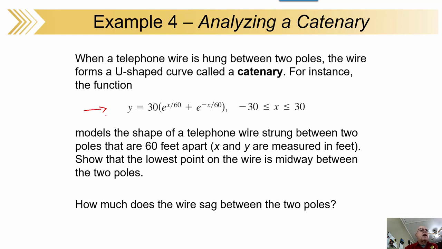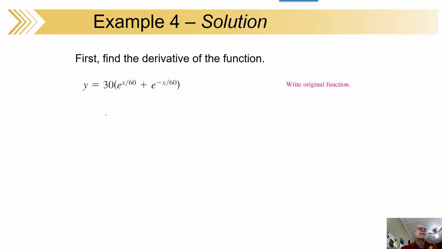And if we want to find the lowest point in the wire, we can use our calculus, find the derivative of that function. Remember, just take it one step at a time. Don't get overwhelmed by what it looks to be.